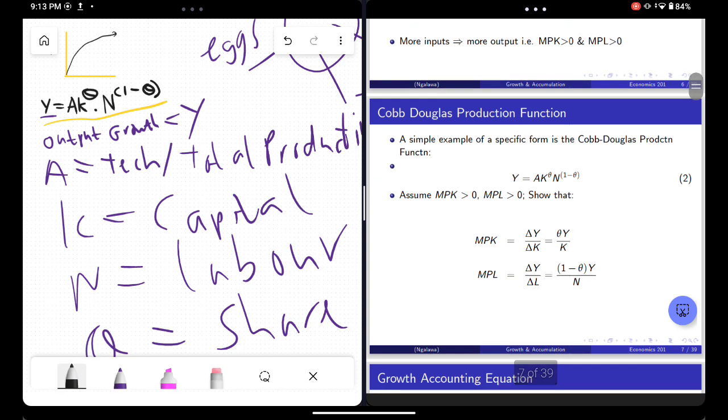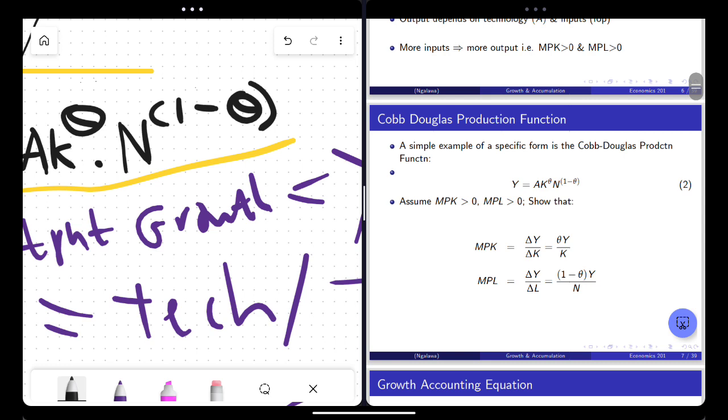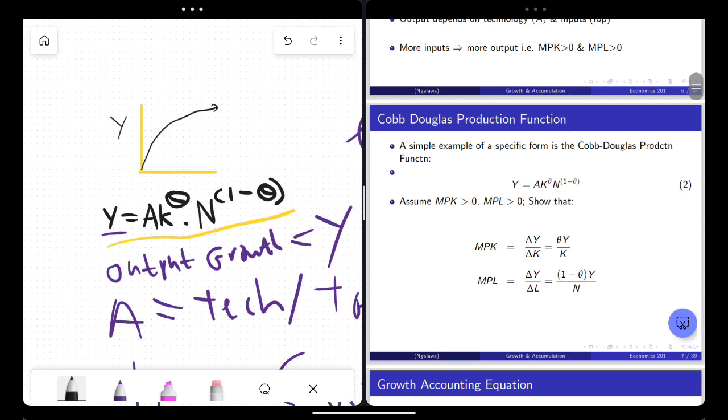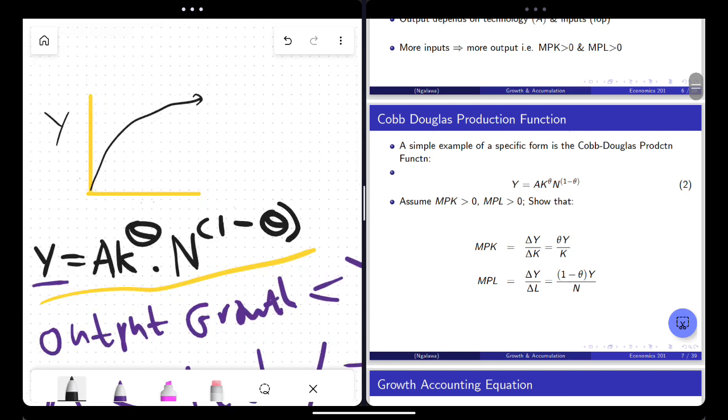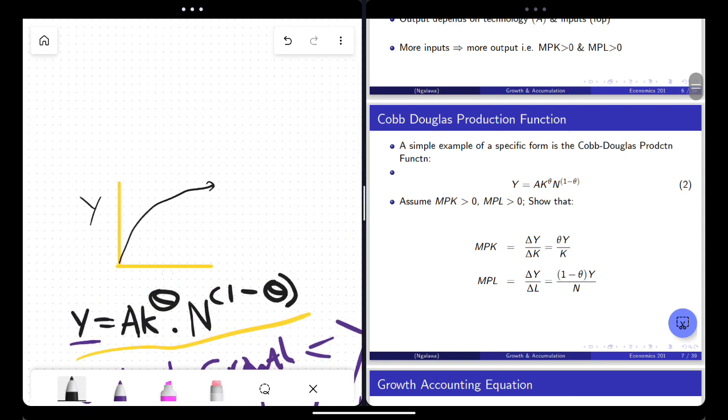Right, now let's go to the most important part here. We need to explain why the shape of this graph is the way it is. Obviously, all these things will be converted to numbers. So Y is equal to A, let's say it's 30, times capital, let's say is 2, to the power theta, let's say 0.3, times N, let's say N is 7, labor is 7, to the power 1 minus whatever this was, so it'll be 0.7.